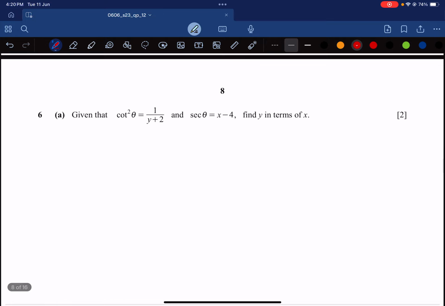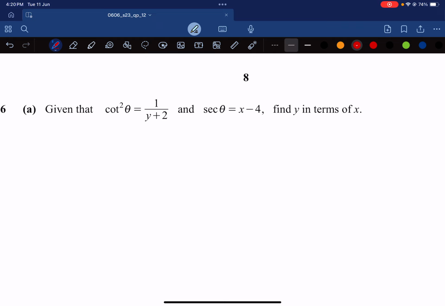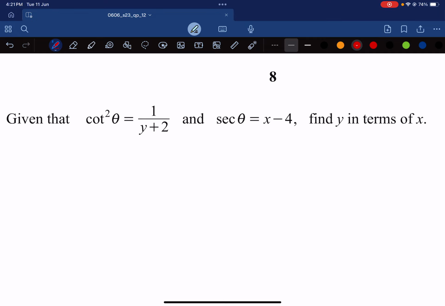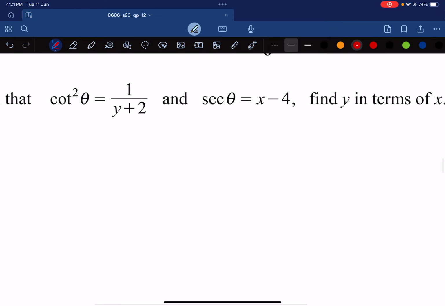Given that cotangent squared theta equals to 1 over y plus 2, secant theta is x minus 4. Now find y in terms of x, means that now we have x, y, and theta. The question is asking for y and x only, which means that we need to get rid of the theta, right?